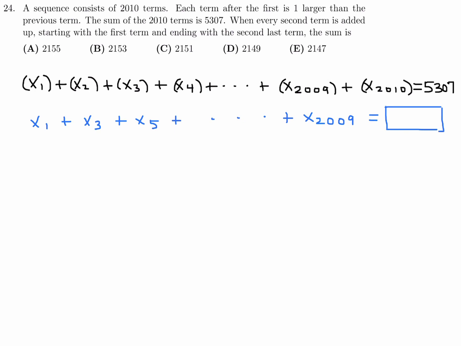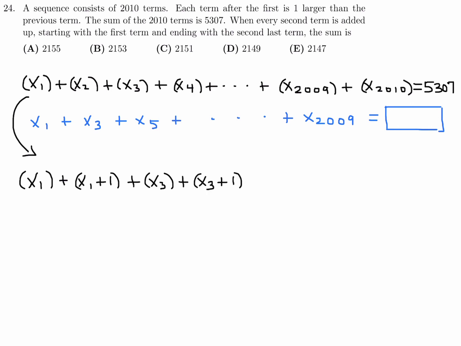Okay, to get that, what we have to do is rewrite this one as follows. x1 is fine by itself, but x2 is really just x1 plus 1, right? Because each term is 1 greater than the previous. x3 is fine by itself, no reason to change that, but x4 is x3 plus 1.